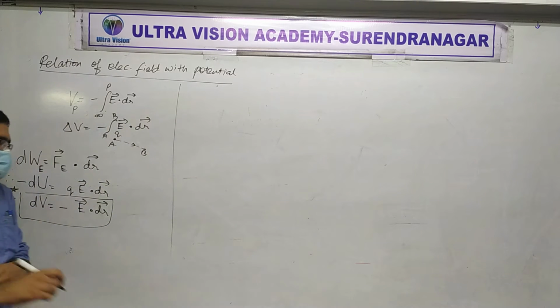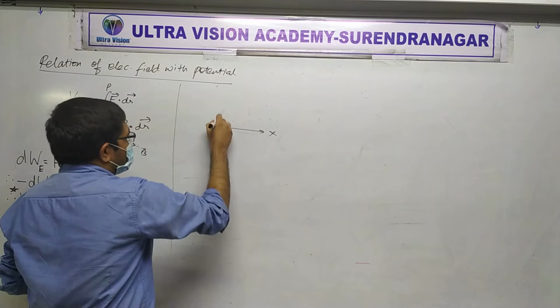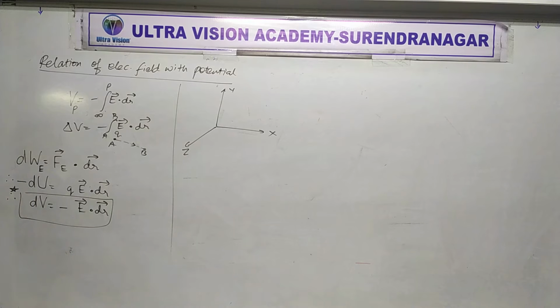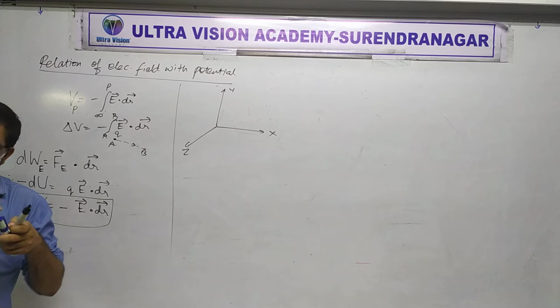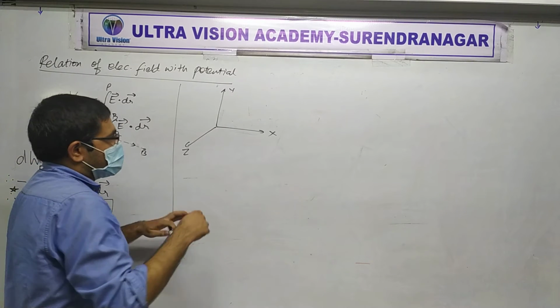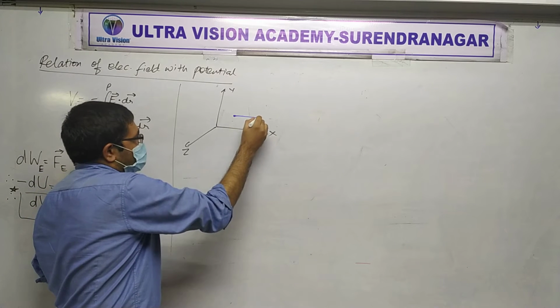Let's go to the next thing from here. Suppose there are X, Y and Z axes as usual. Let's say in some other case the charge is moving from one point to another, but only along the X axis.